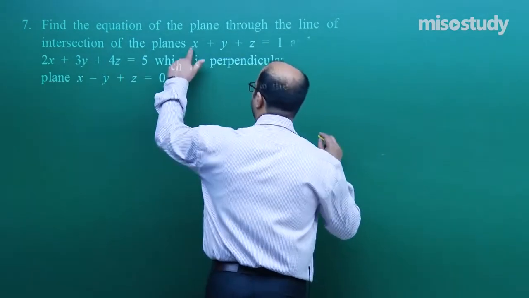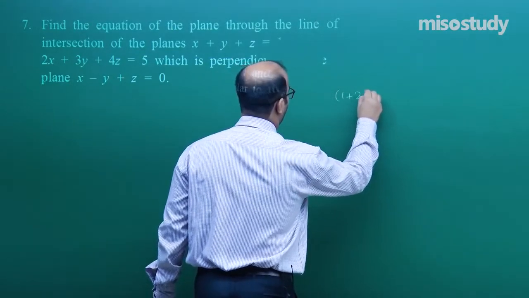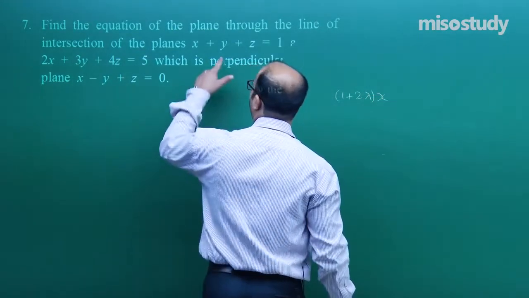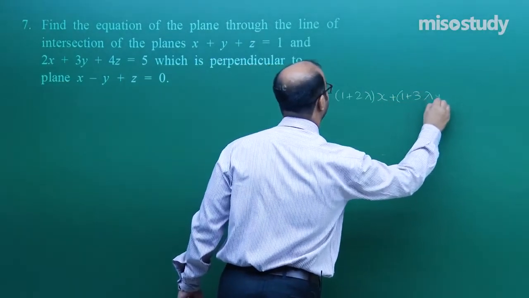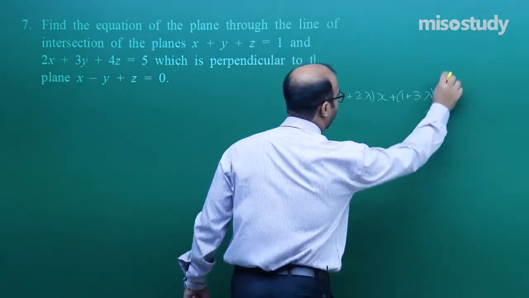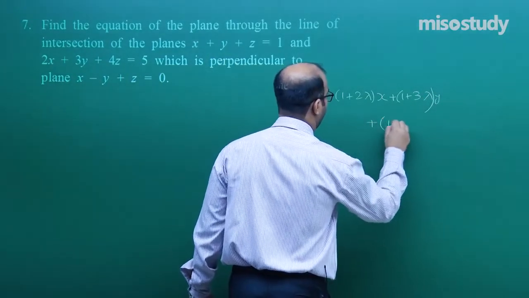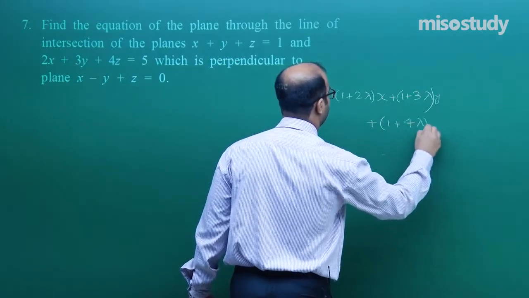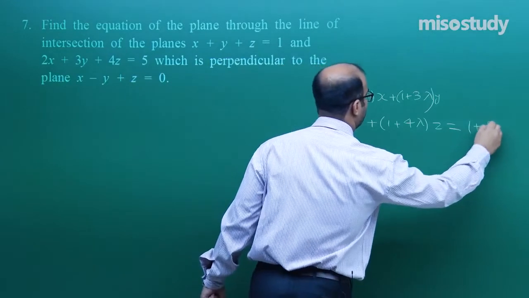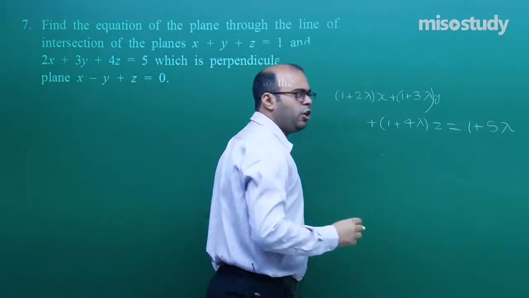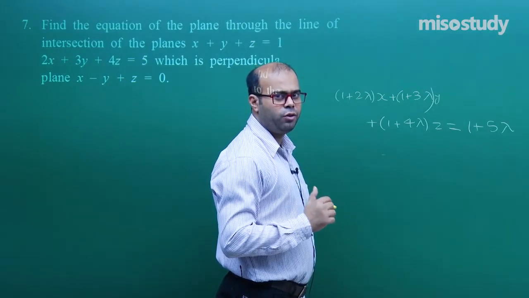So this will become x plus 2 lambda x, so we can write 1 plus 2 lambda x, y plus 3 lambda y, so 1 plus 3 lambda y, y is common of course, and z plus 4 lambda z, so 1 plus 4 lambda z is equal to 1 plus 5 lambda. So this is the family of planes which is passing through the line of intersection of the given two planes.